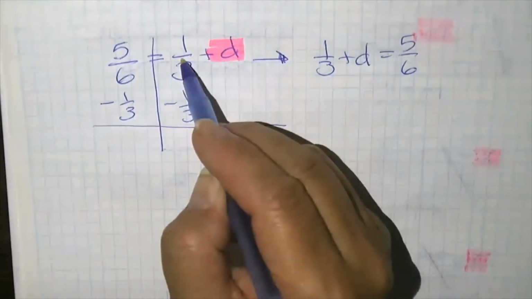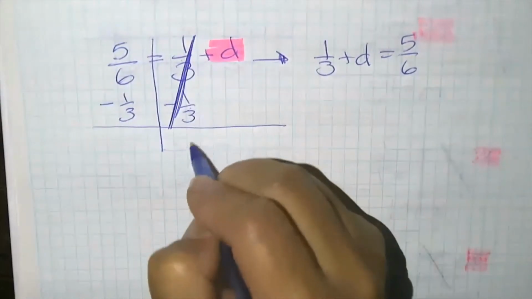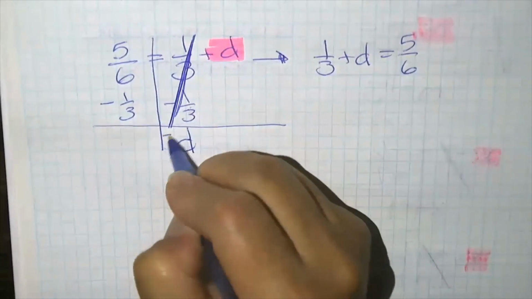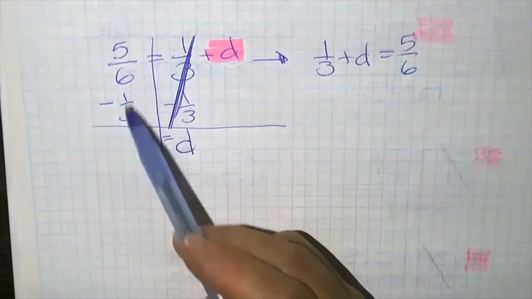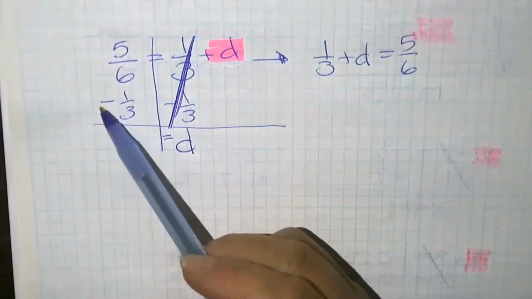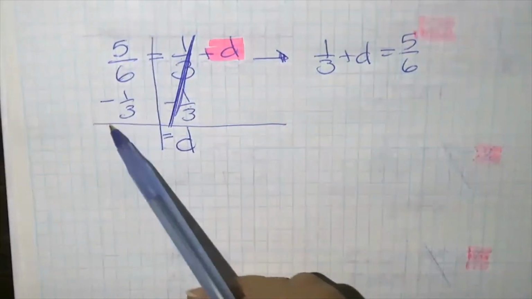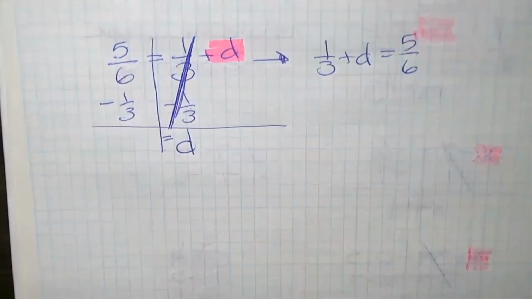So positive 1/3 and negative 1/3, these guys cancel, and I'm left with D equals, but here I have 5/6 and 1/3, a positive and a negative. I cannot subtract 1/3 from 5/6. I need to find a common denominator.